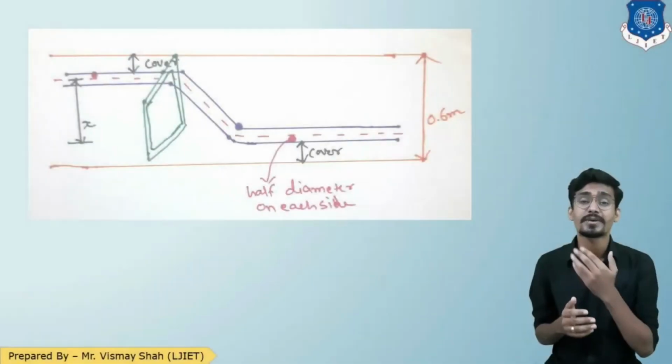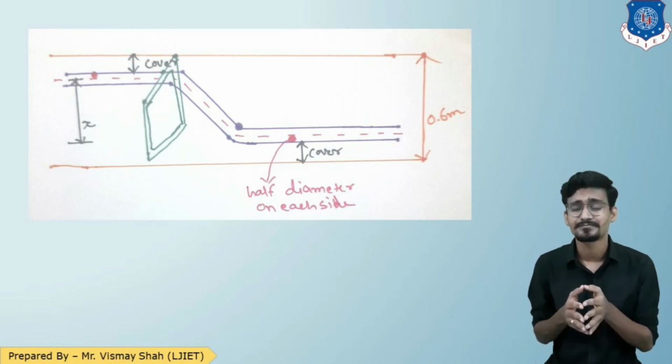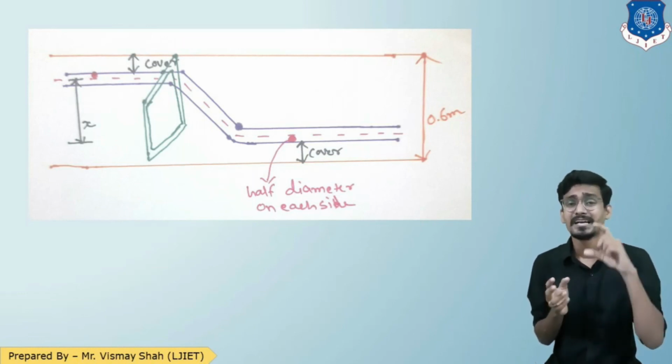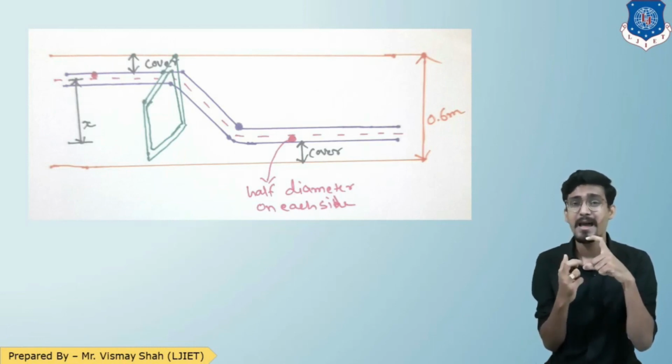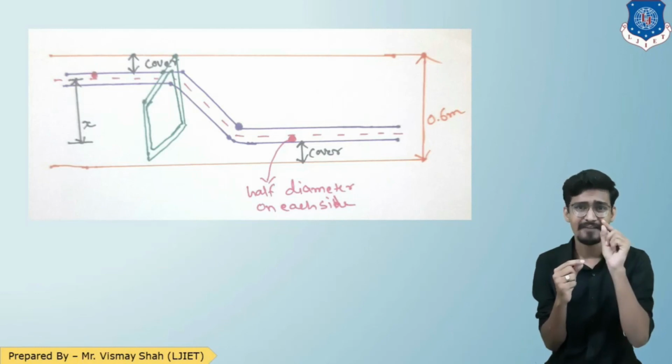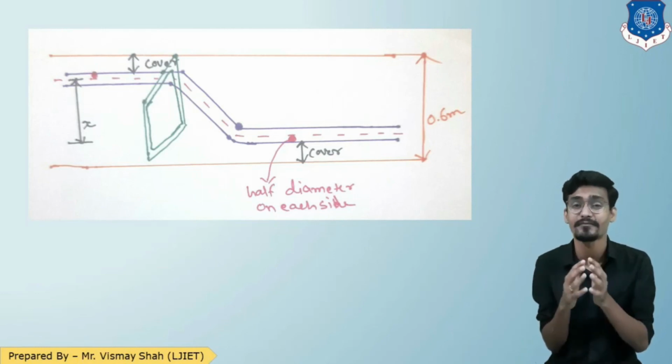As you can see here, we need to find out x. To find out x, the bent up bar is in the beam, so the total depth of the beam minus 2 times the cover minus half diameter from the top side and half diameter from the bottom side, as I have highlighted in the figure.